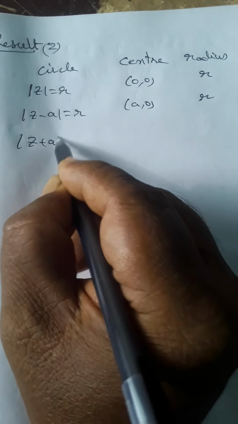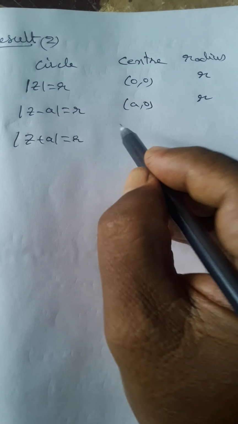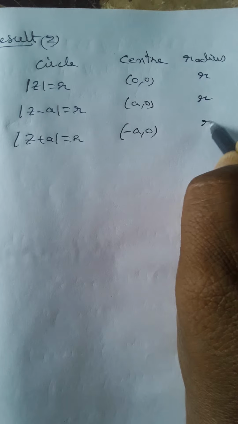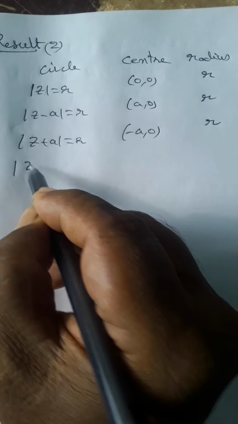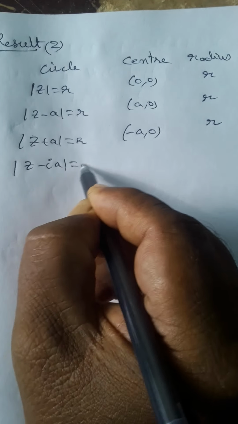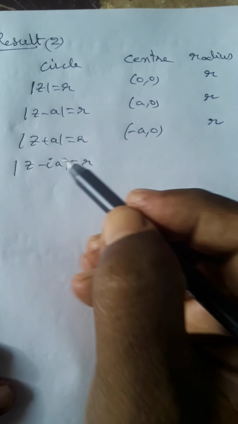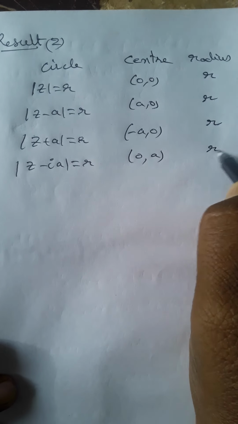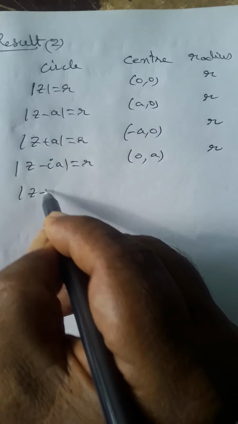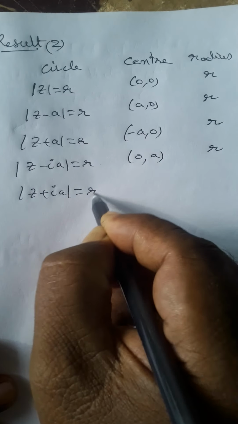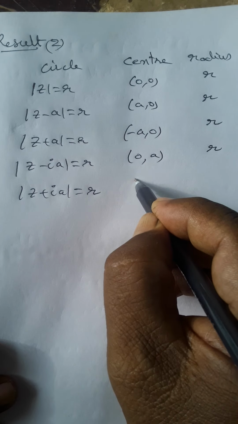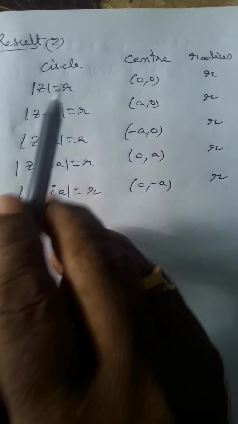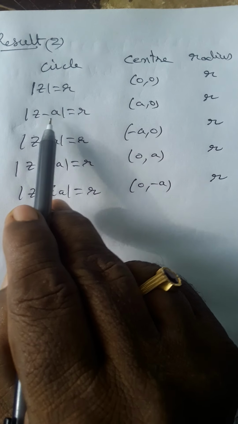Mod z plus a is equal to r: center minus a, 0, radius r. Mod z minus ia is equal to r: center 0, a, radius r. Mod z plus ia is equal to r: center 0, minus a, radius r.